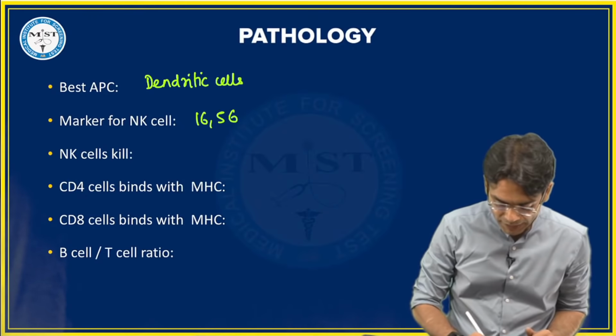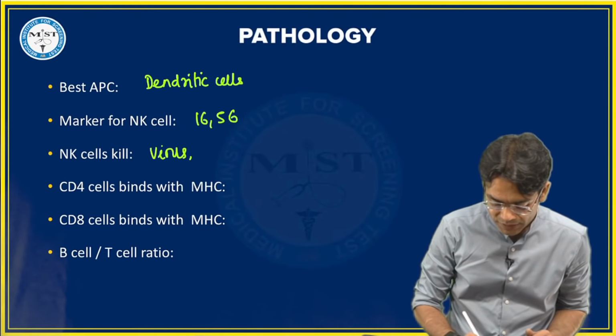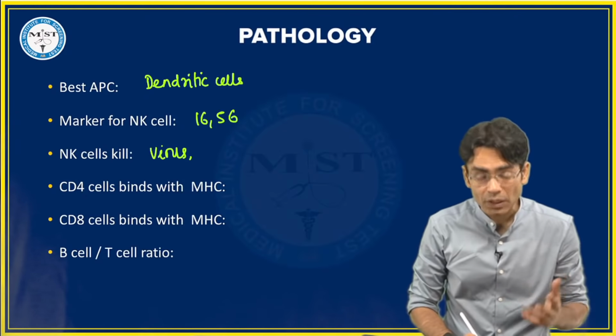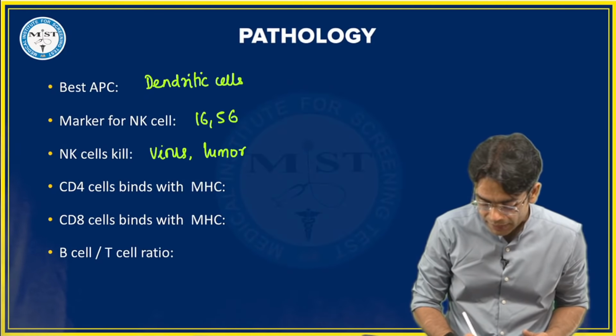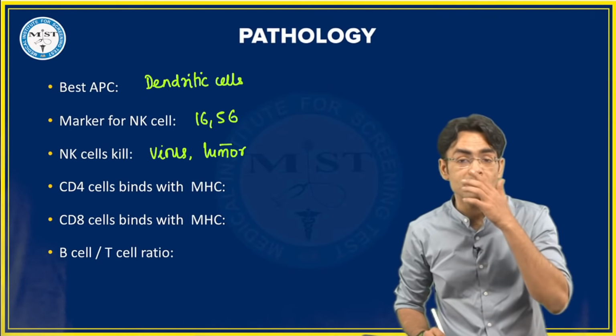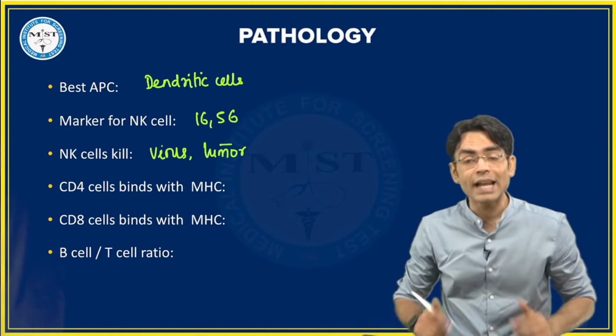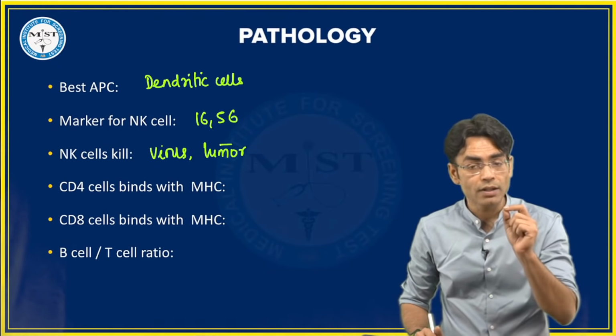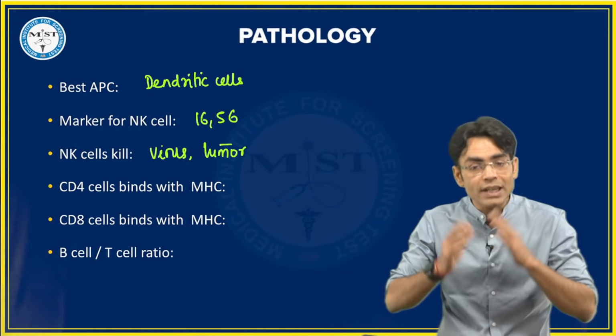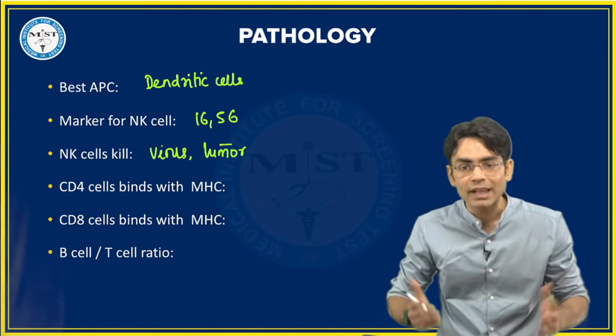They will be killing any cell which is infected with virus. You have given me the answer. And any tumor kind of cells. NK cells will not kill anything containing MHC1. And all the nucleated cells of our body contain MHC1. That is why NK cells don't kill those.